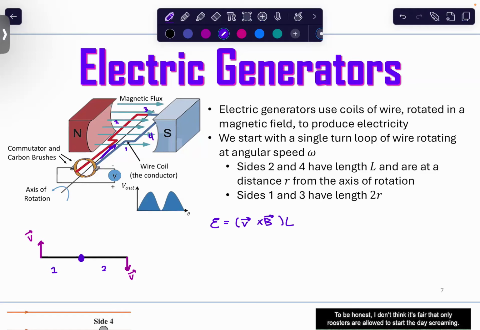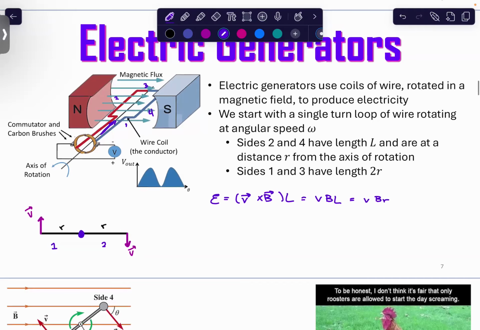Our EMF is going to be v cross B times L, VBL. We also know that each one of these is going to be R, because the entire length of that side is 2R, which then makes this VBR.